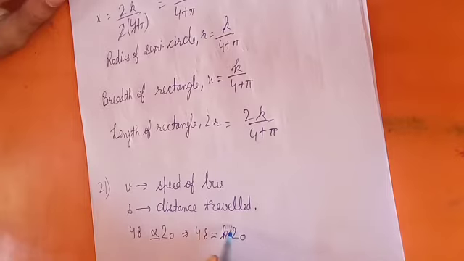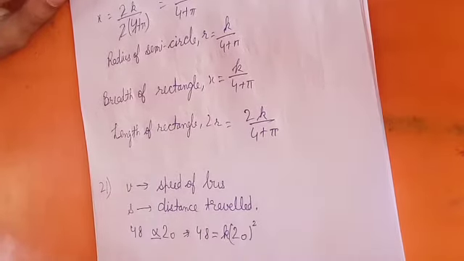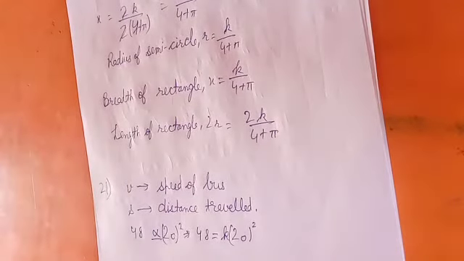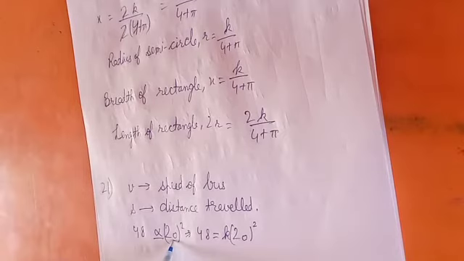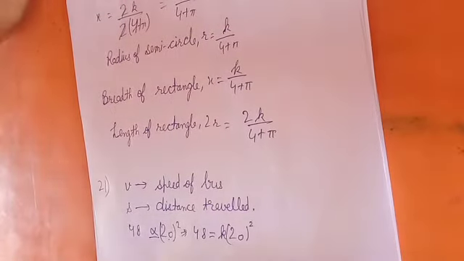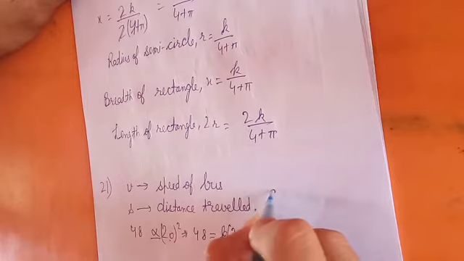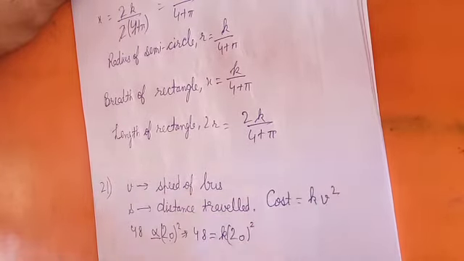Sorry, it's square, because they are telling that the cost of fueling for running a bus is proportional to the square of speed generated. And what will be the general term? First of all, we can assume cost. That cost will be equal to k into v square.